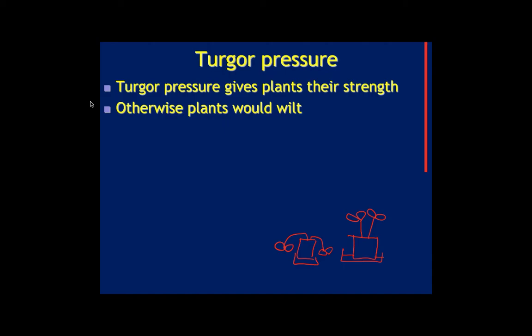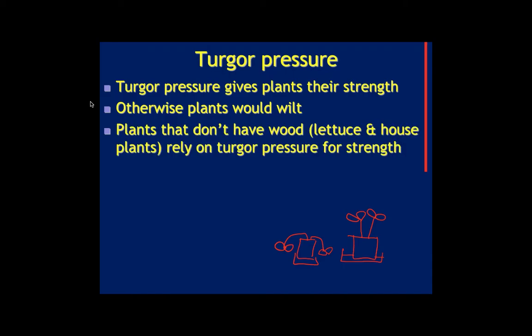It's probably too hot where it is. So turgid pressure is what's keeping this upright here. The fact that the cells are full of water and very plump keeps them up. When they wilt, there's not enough water there.